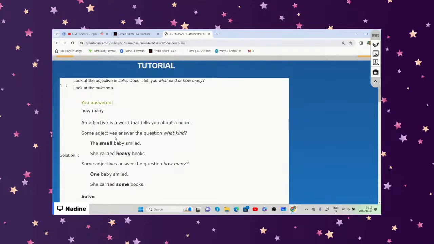So that is basically the adjectives, right? They answer questions like what kind or how many. And once again, an adjective is a word that tells us about a noun, describes a noun, or modifies a noun.